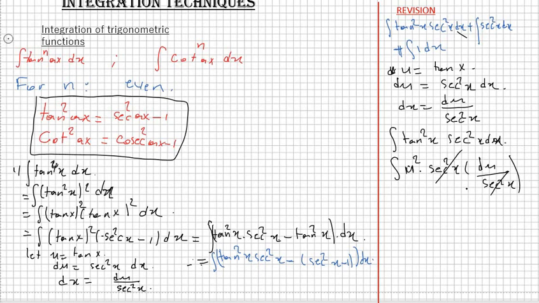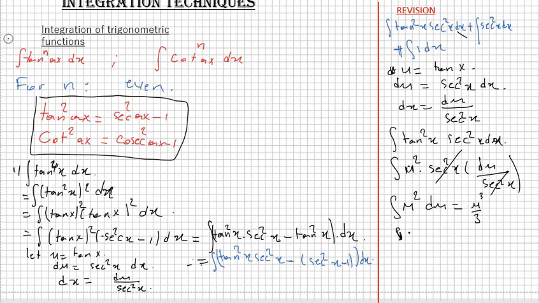So the sec can cancel. So I'm gonna have the integration of u squared du. So that gives u to the power of 3 over 3. So I will now replace the expression of u, which is tan x.